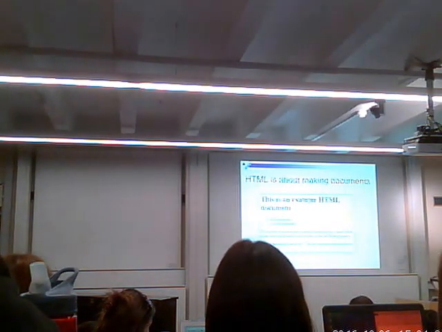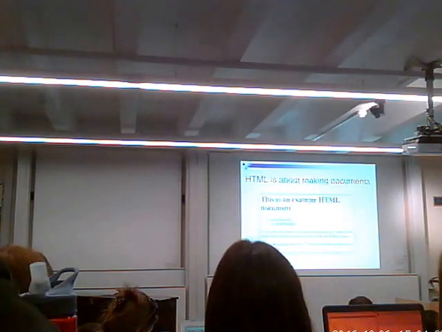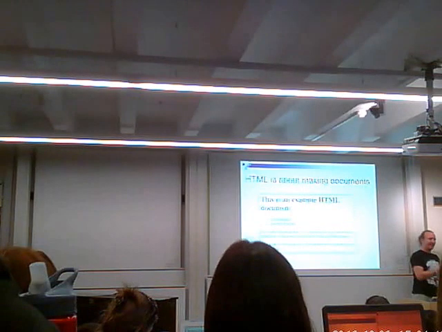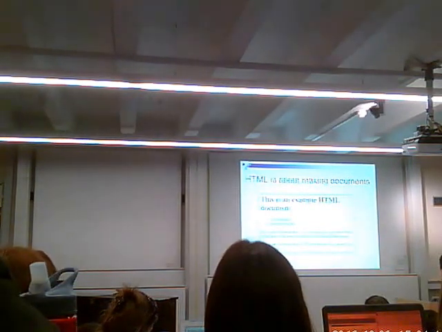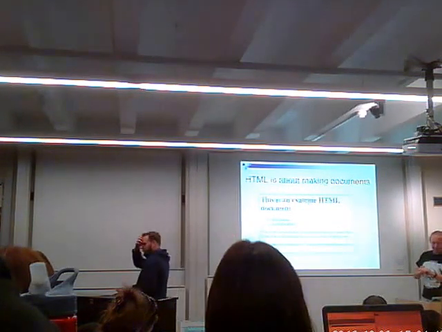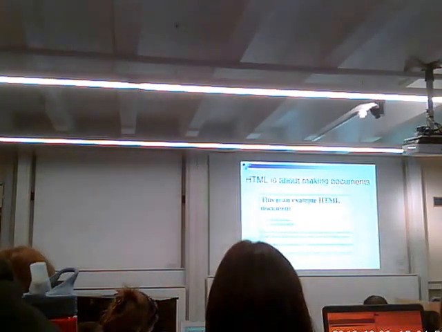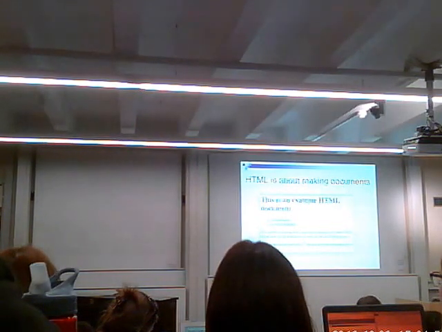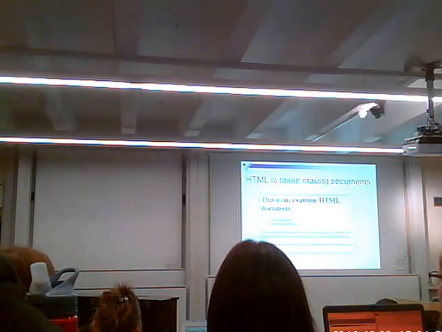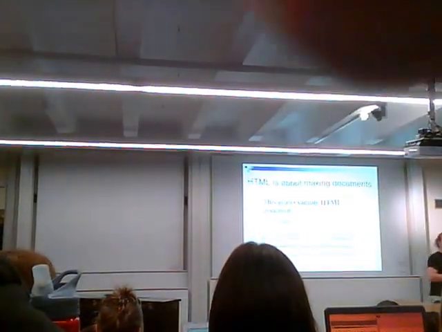HTML is a key part of the web architecture in terms of representation. So the web architecture is made up of identification, so URI, referring to a resource; representation, the format standards for getting across data and information to people; and interaction, which is how you communicate with the rest of the web.